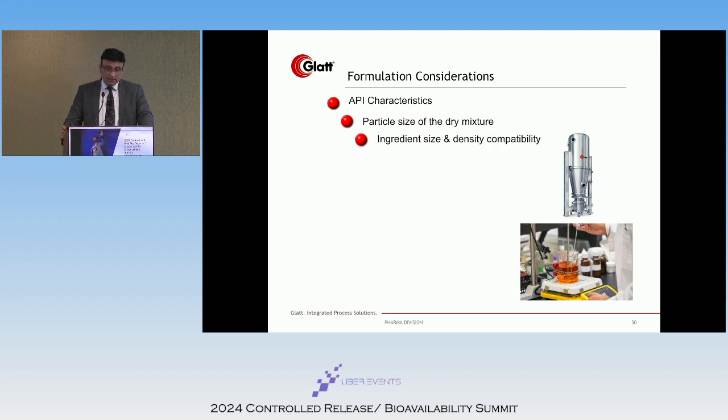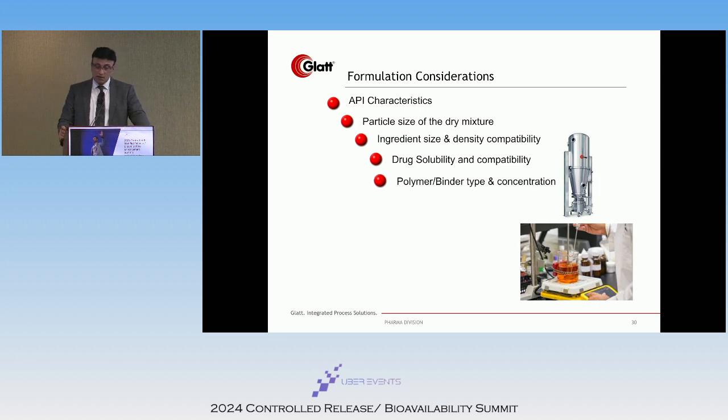Ingredient size and density compatibility, we need to know this before we design. Drug solubility and compatibility, polymer, binder type and concentration, so it all depends on the desired release and bioavailability of the product that you are looking for.